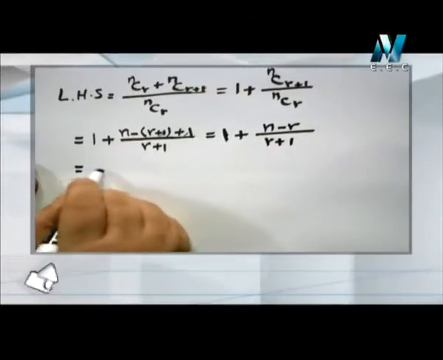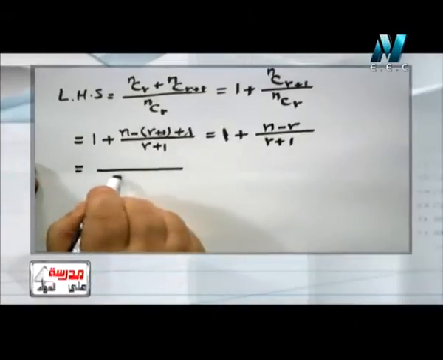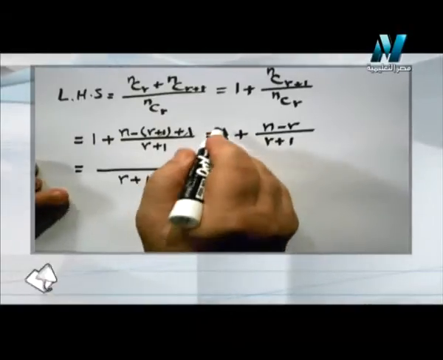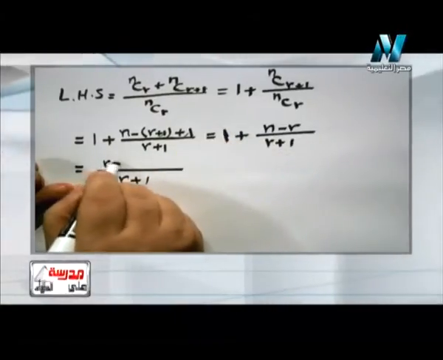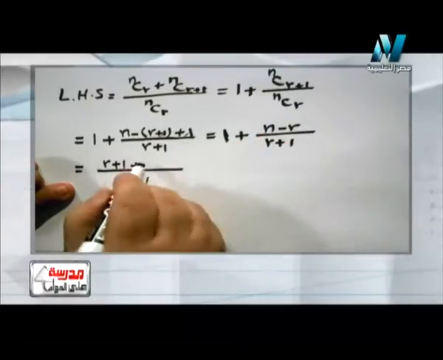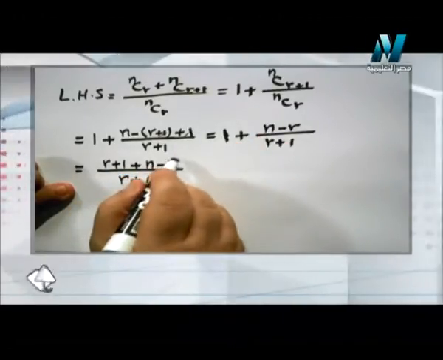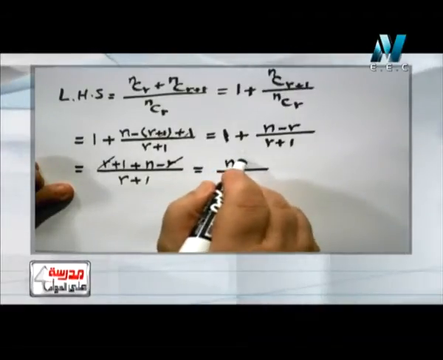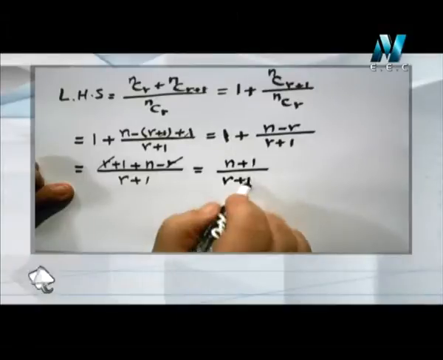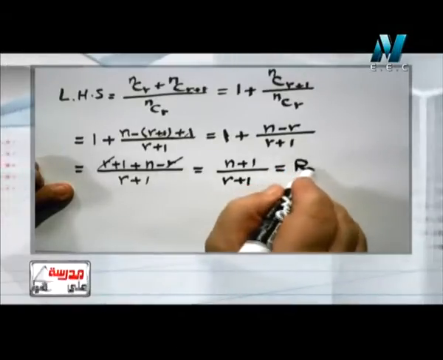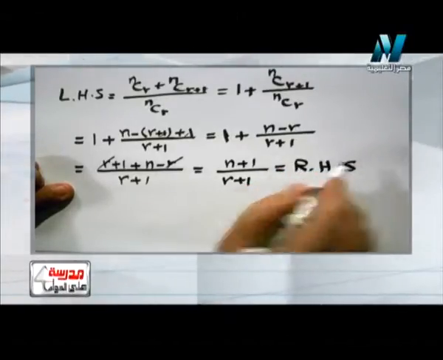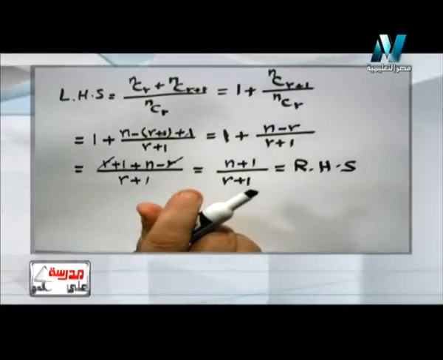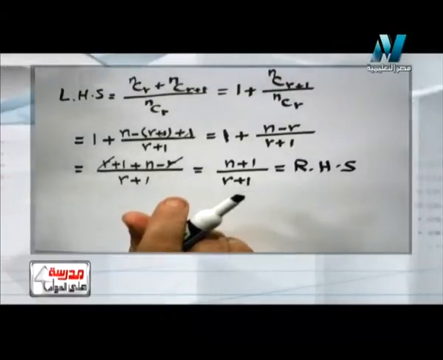Now, adding, the common factor is r plus 1: 1 equals (r plus 1) plus (n minus r). Cancel the r with negative r. This equals (n plus 1) over (r plus 1), which is the right-hand side. We proved that the left-hand side equals the right-hand side.